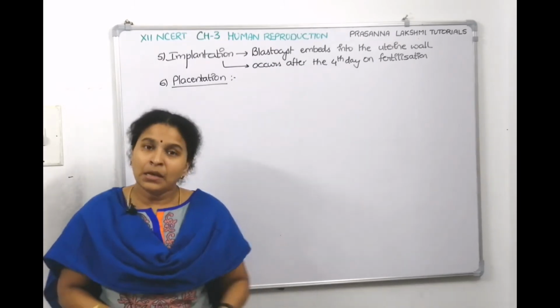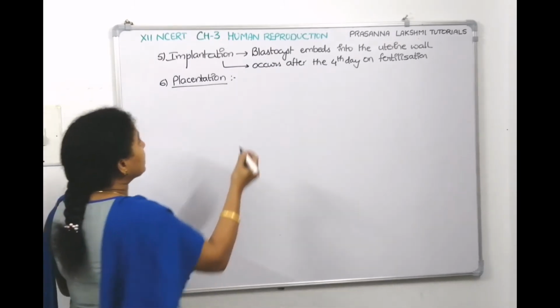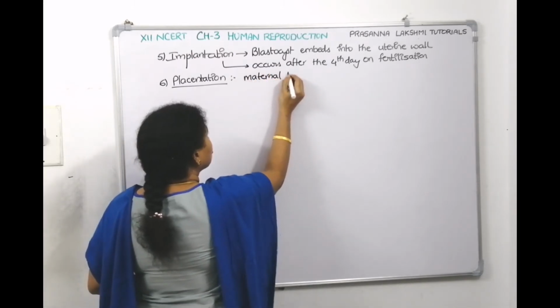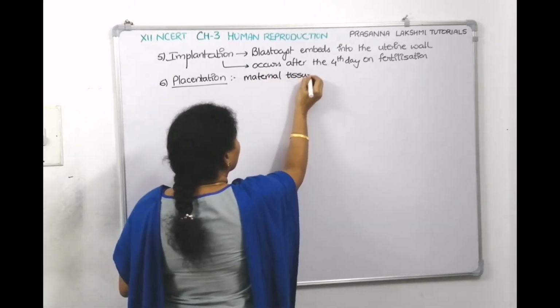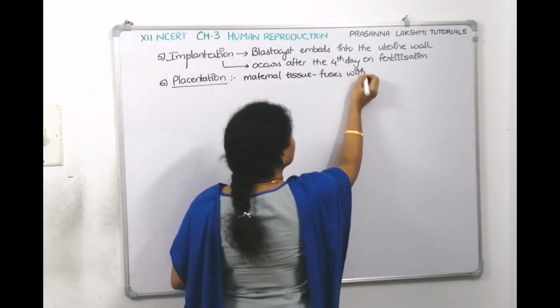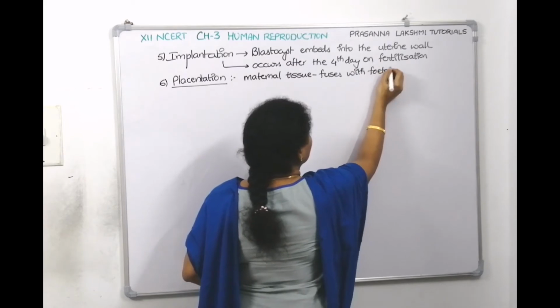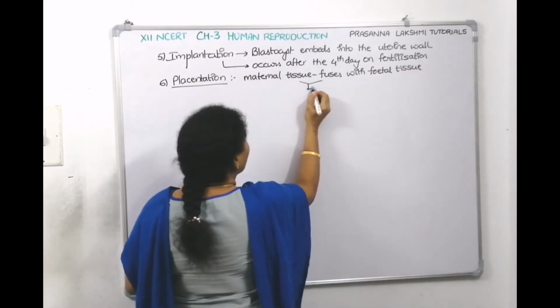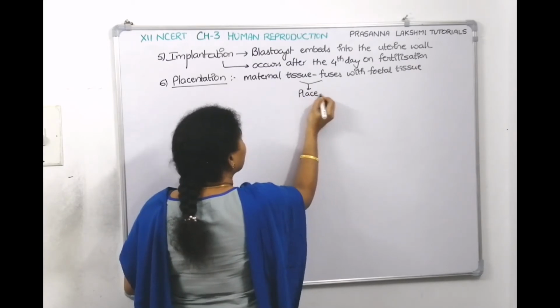Formation of placenta is called placentation. Now in placentation, we'll just write down, the maternal tissue fuses with the fetal tissue to form a structure called placenta.